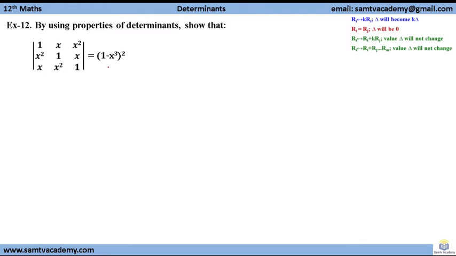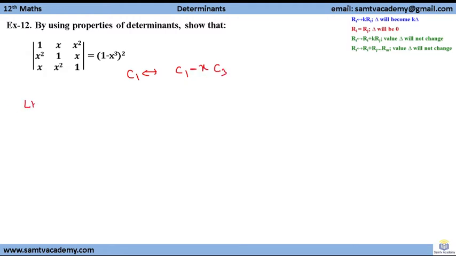Okay, so here we have to prove this RHS is equal to (1 minus x cube) whole squared. For this we are going to apply the first step: C1 is replaced with C1 minus x C3.